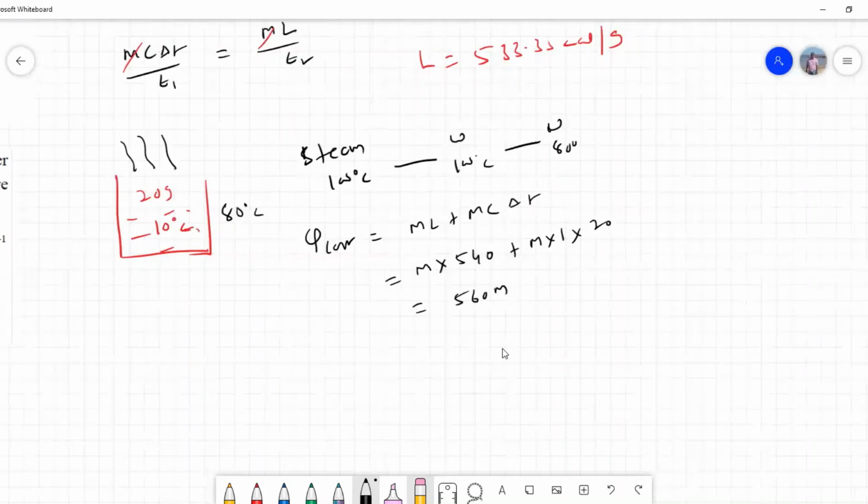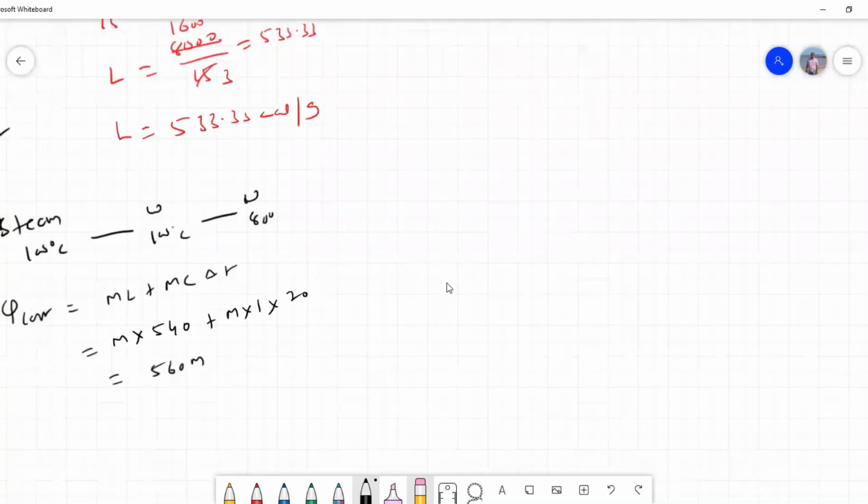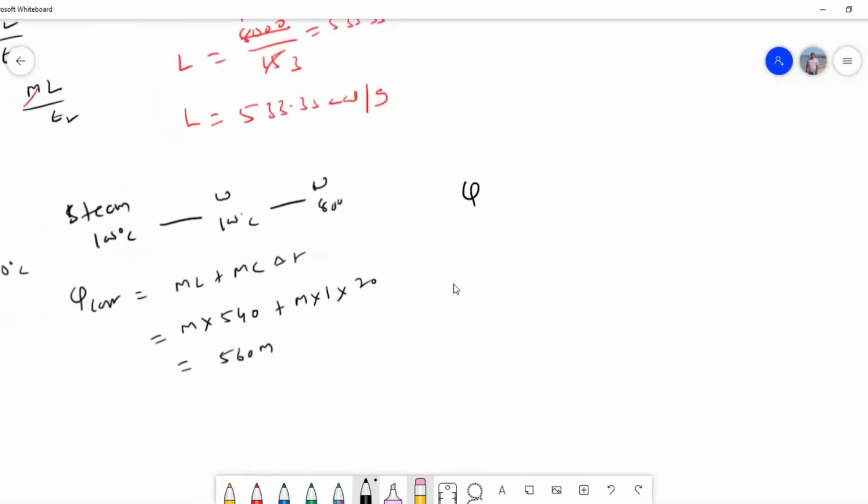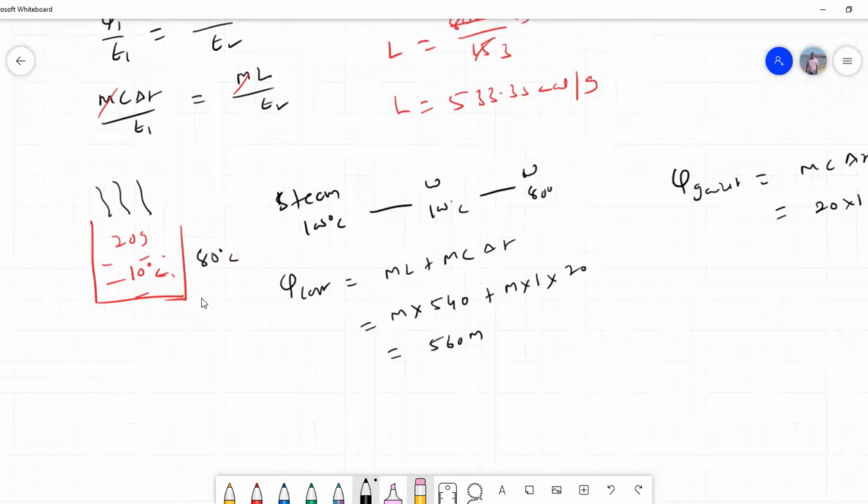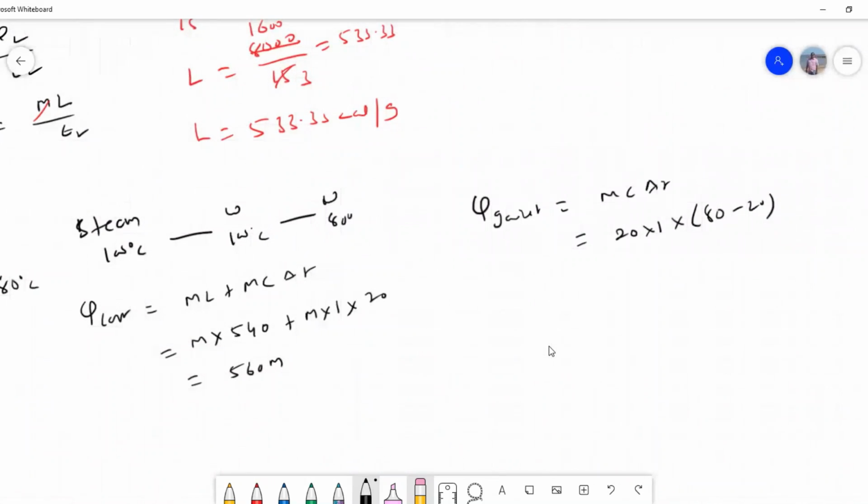So let us take heat gained by water. Heat gained is equal to mc delta T. Mass of water is 20, specific heat is 1, and the change of temperature is 80 minus 10, because initially it's 10.